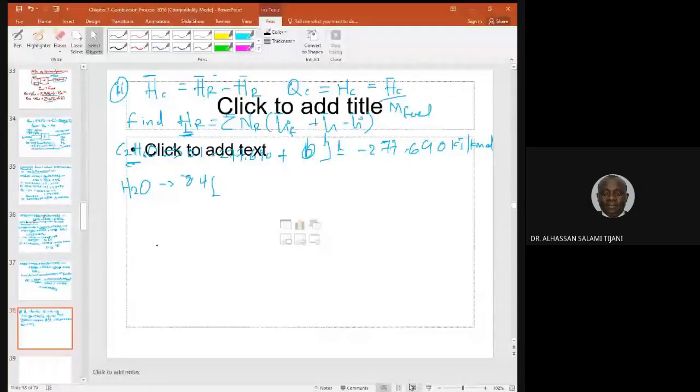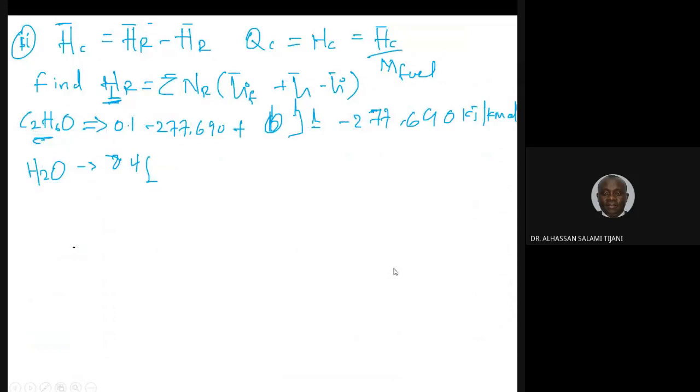We will stop very soon. So like I've told you, we have the enthalpy of formation for the water, which is given already, equal to minus 241,820 plus... oh, sorry, I made a mistake here.